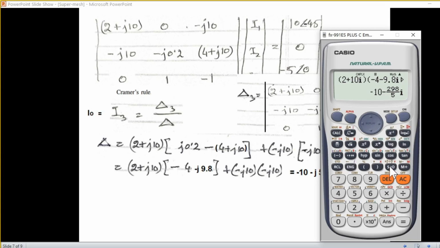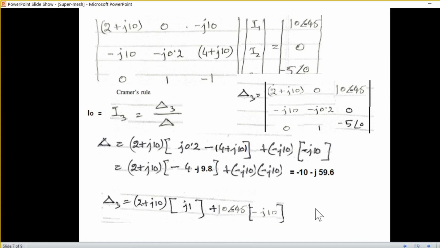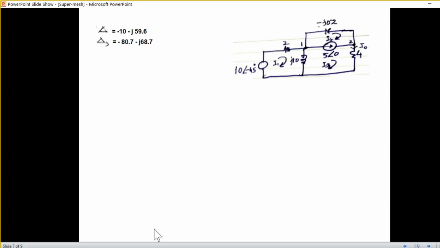It's in fraction, so we'll press SD to get the decimal value. So it's minus 10, minus 59.6 I, or J. And similarly, the delta 3 part can be solved. You will get this answer, and so we have delta and delta 3.